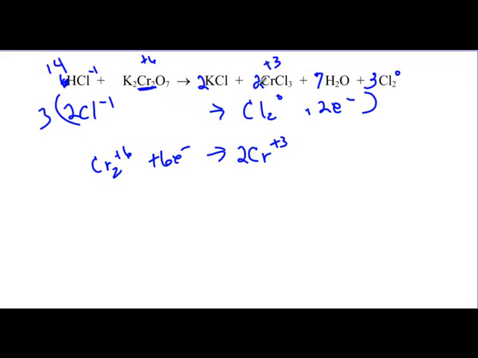So I've got 2 Cr's, right number of O's, right number of K's. Let's see what I got for chlorines. I got 14 of them here, and here I've got 2. Here I've got 2 times 3 is 6, and here I have 3 times 2 is 6. 6, 6, 12, 14. So this looks like it's going to be balanced. Let me just see if it matches my answer key. Yep. Alright.